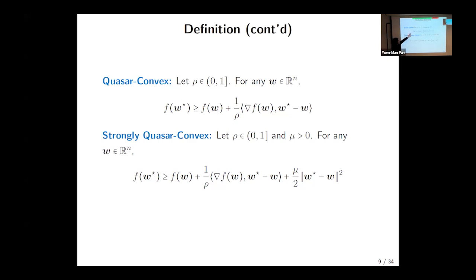So for quasar convexity, the definition is given by this. And then we also define strong quasar convexity, which is basically adding some quadratic term here, like what we have for strongly convex, but just with respect to the minimizer.